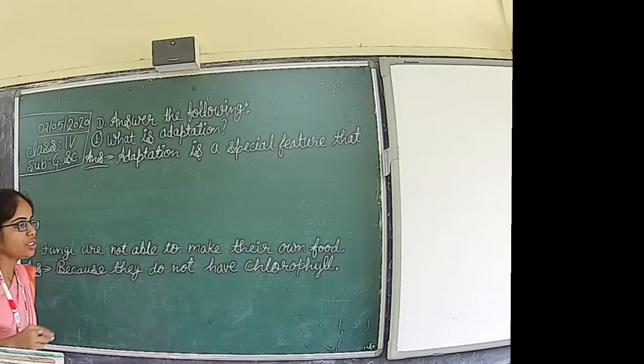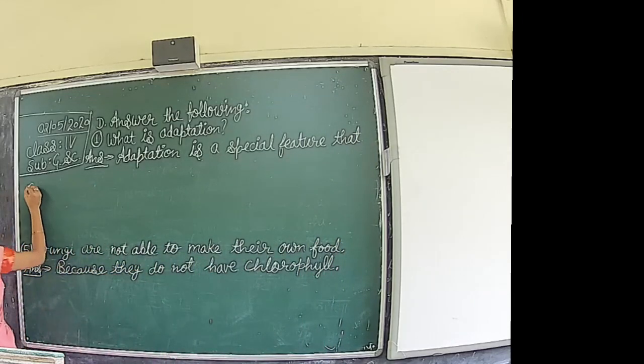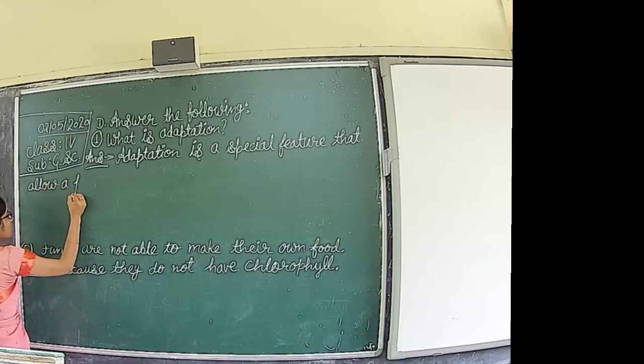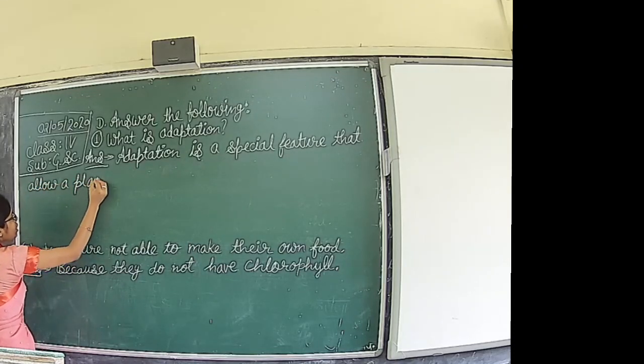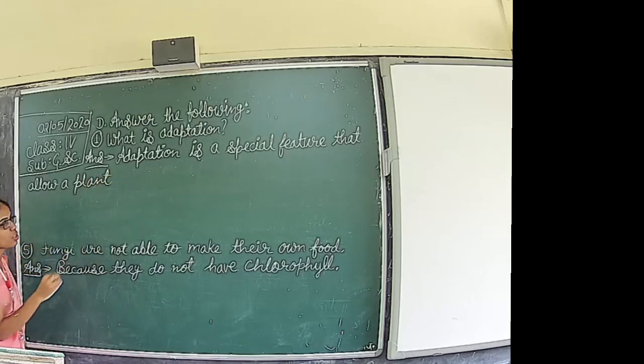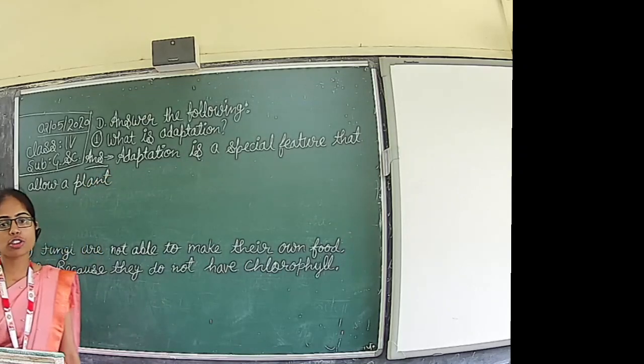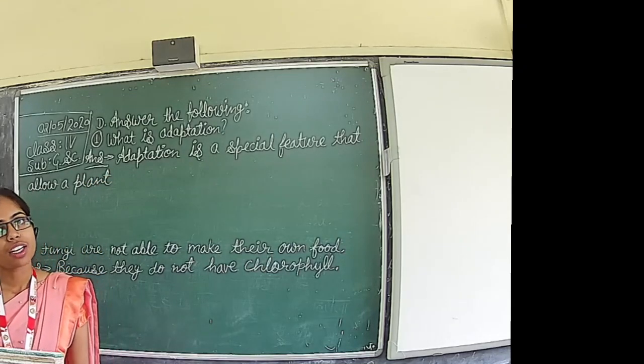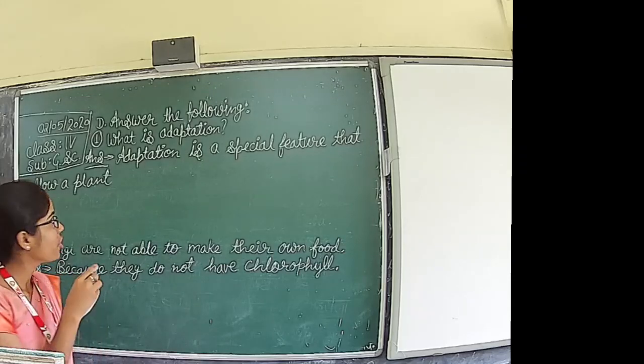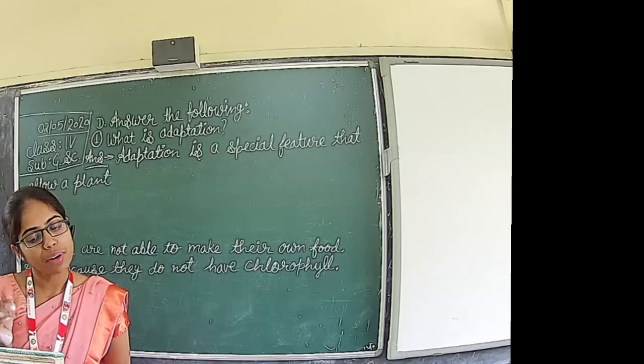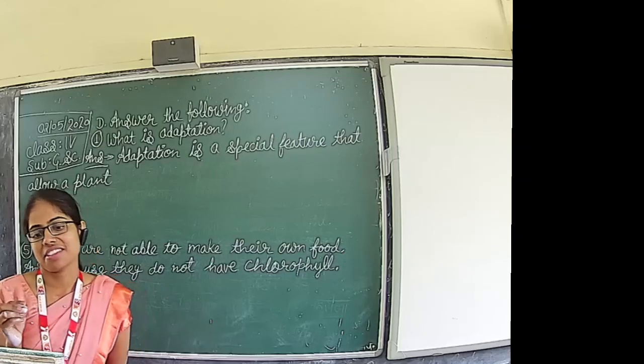allow a plant. Why are we writing the plants? It allows animals also, but we are studying about the plants in this chapter. That's why we are writing about the plants. Okay? Yes.